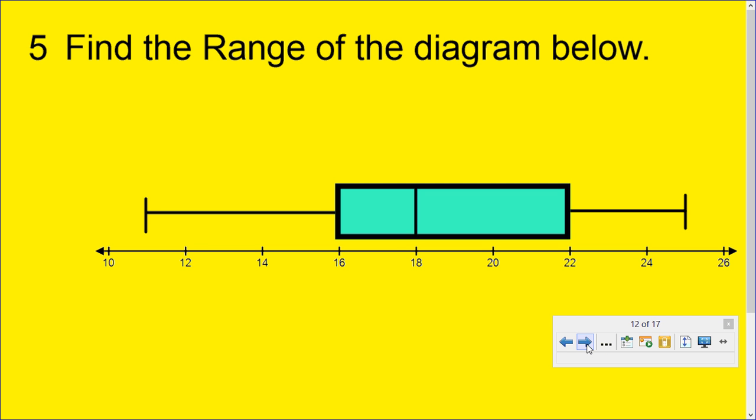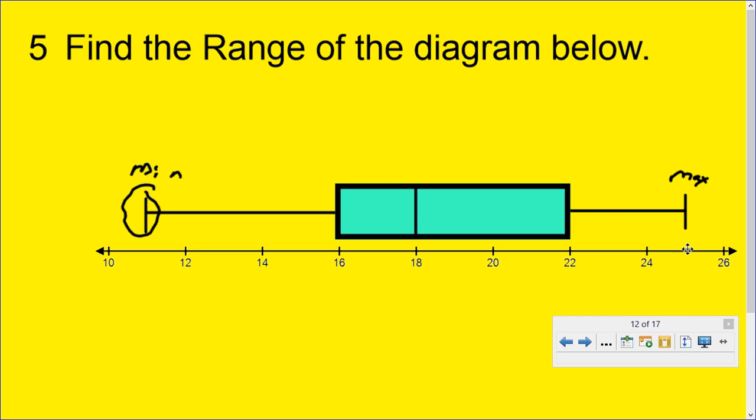Find the range in the diagram below. All right. So remember, the range is the difference between the lowest and highest number. So that would be whatever this value is, that's our minimum. And our highest number would be whatever this number is, which would be our maximum. So the difference between those two would be the range.